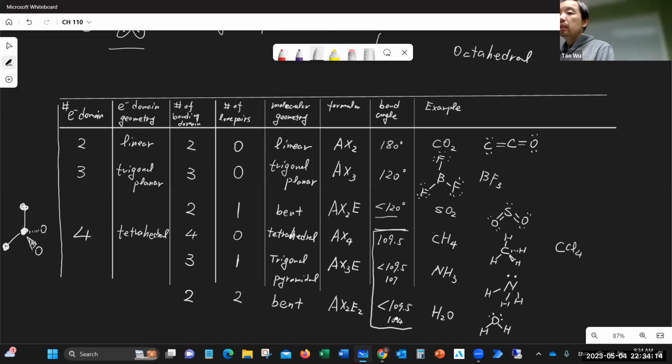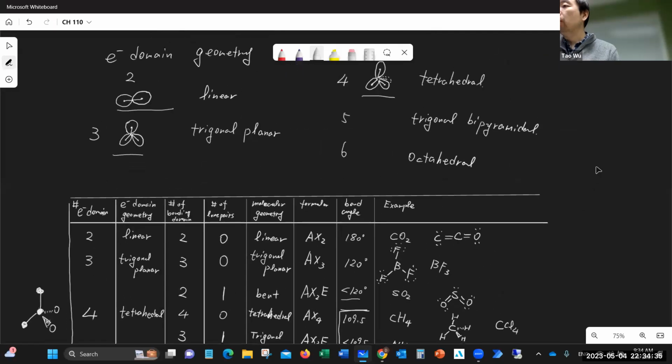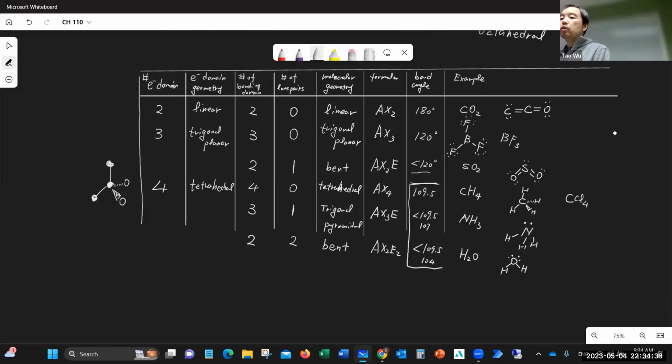The electron domain geometry could be different from the molecular geometry; it depends on how many bonding domains and how many lone pairs show up. To determine the geometry of a molecule, you just follow those rules. For example, we draw the Lewis structure for PCl3.